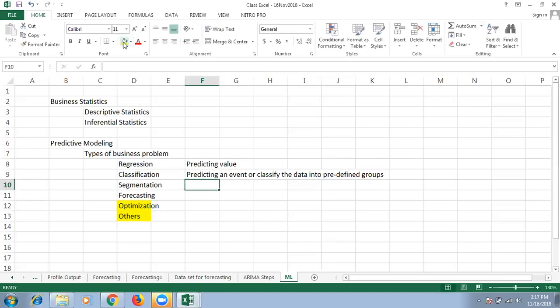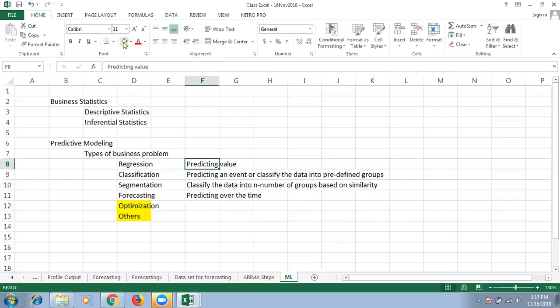And segmentation is to classify the data into n number of groups based on similarity. And forecasting, predicting a value over time.